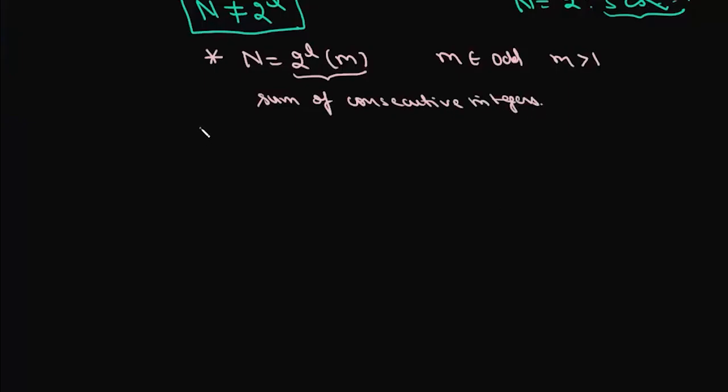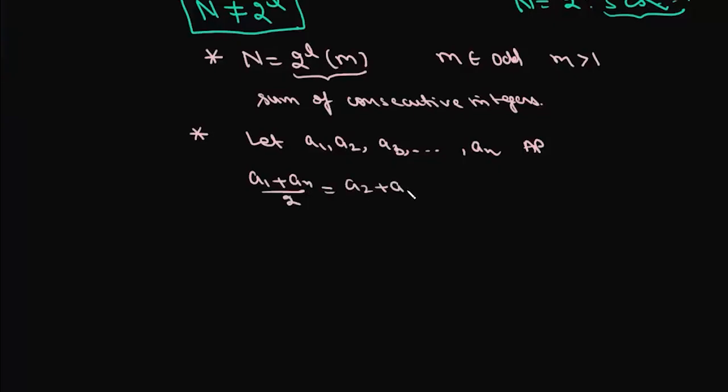To prove this, we'll use a basic fact in AP: if A1, A2, A3, up to AN is an AP, then the arithmetic mean of numbers equidistant from beginning and end are equal, like A2 plus AN minus 1 by 2.